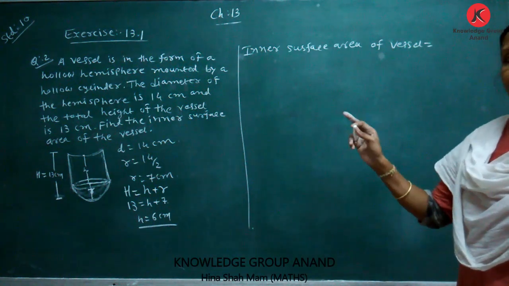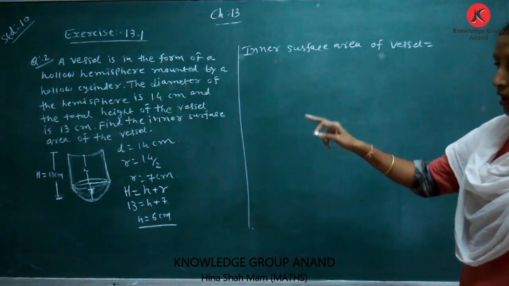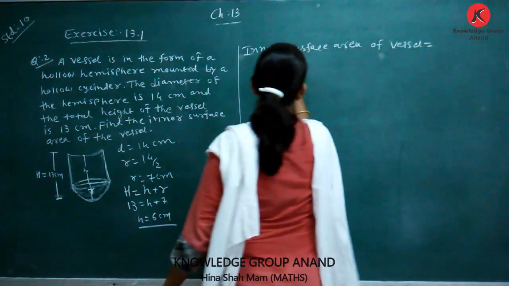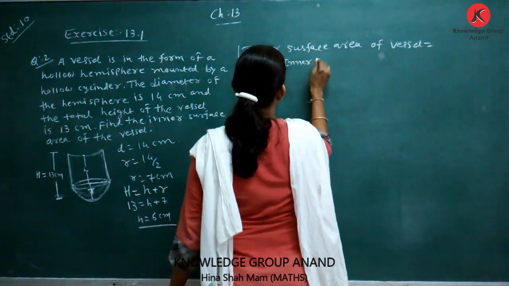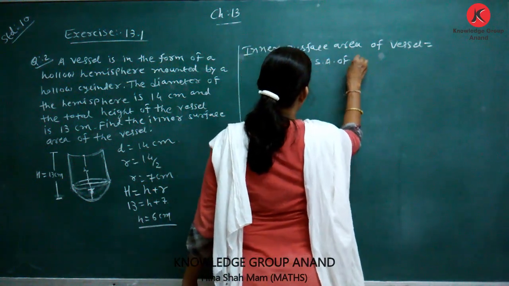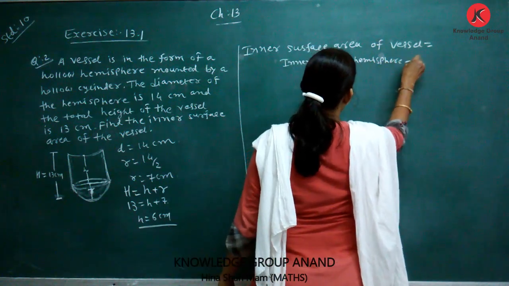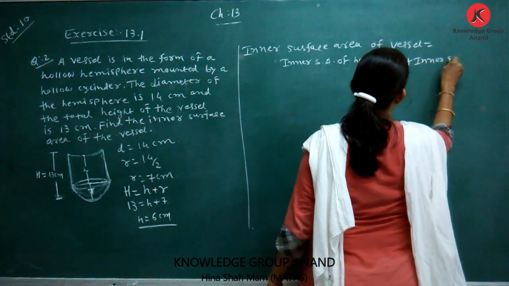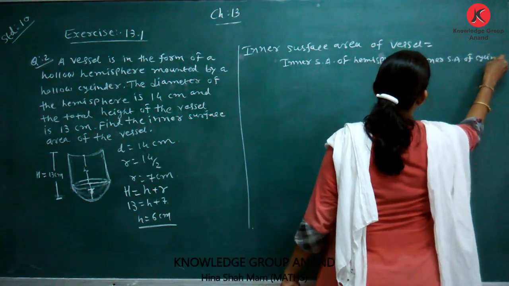Then we say the inner surface area of the vessel is equal to inner surface area of hemisphere plus inner surface area of cylinder.